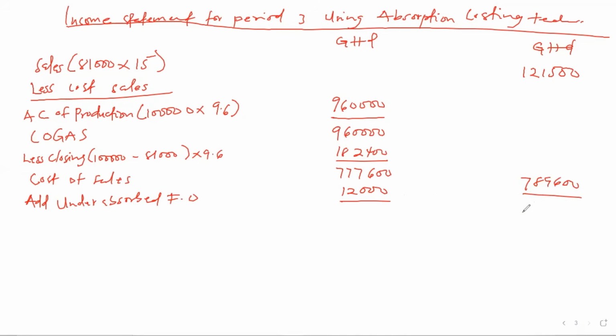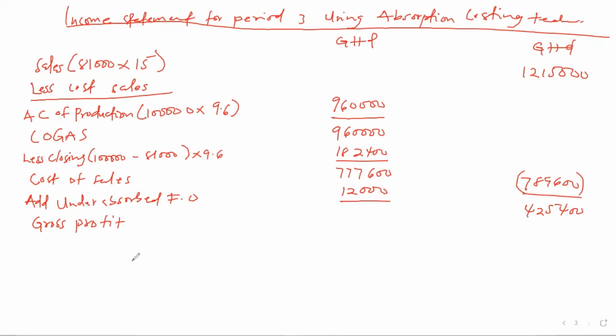Then we less this amount from our sales, and we get 425,400. Here there is nothing like contribution. Here we see it is gross profit. Contribution is when you less your variable cost from your selling price. So this is our gross profit.